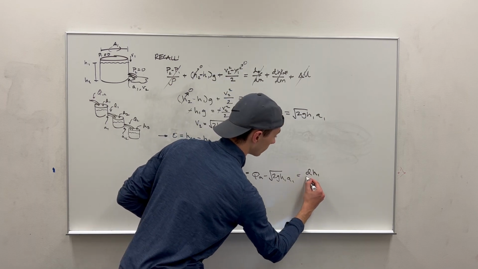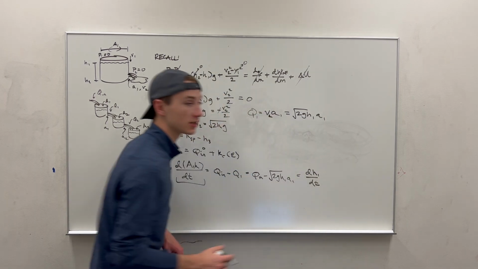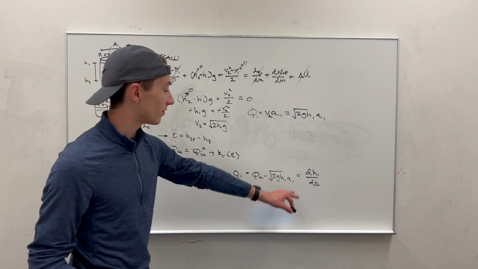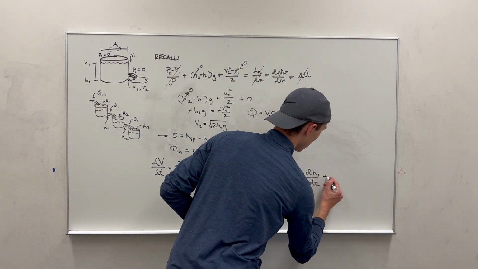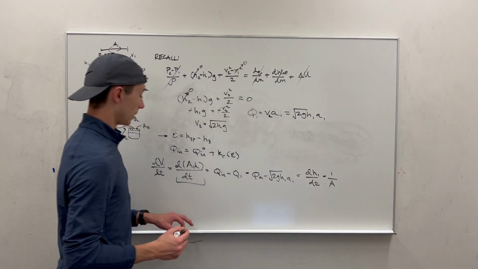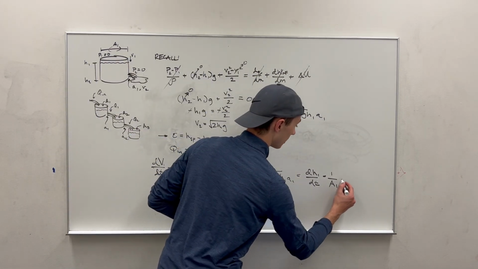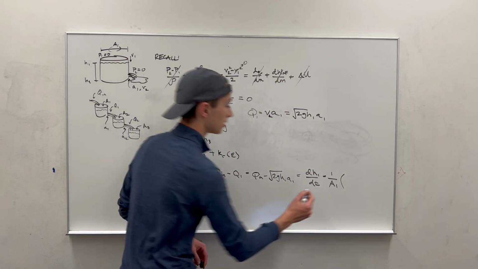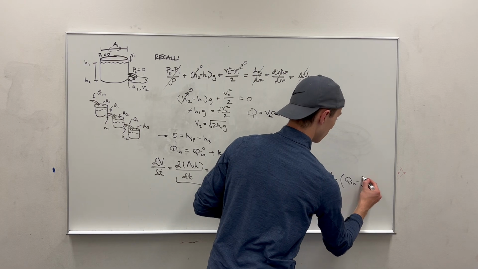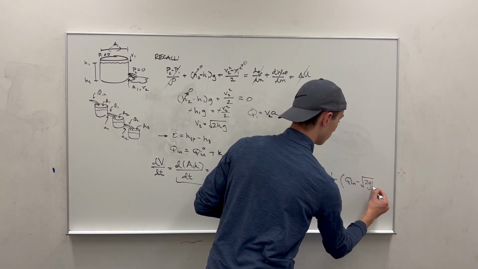And this is what we really want, because we can do this for each tank. I'm just doing it for the first one. We can do this for each tank. We have the rate of change of height in the first tank is 1 over big A1, took that out, remember, times the inlet flow minus the outlet flow.